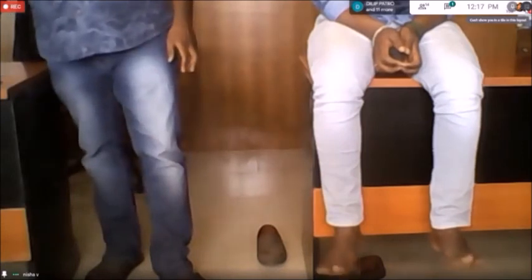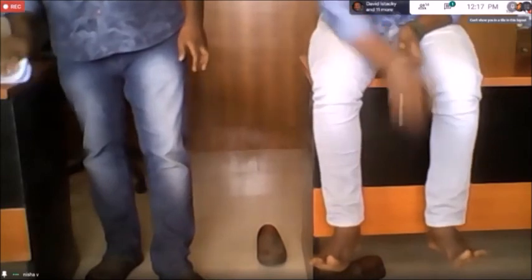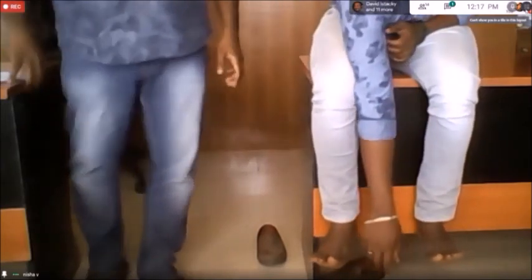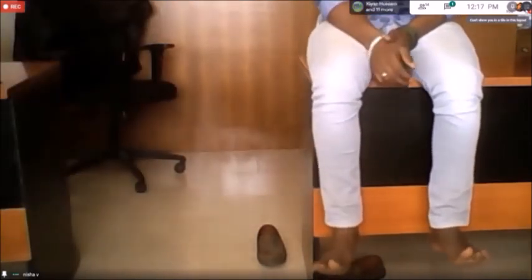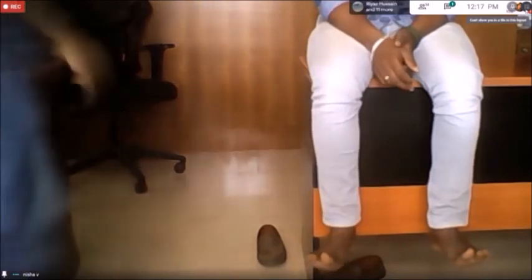Can you just give him something at the ankle level? Yeah, so whatever he has demonstrated already, that is the amount of balance that is considered to be ideal.